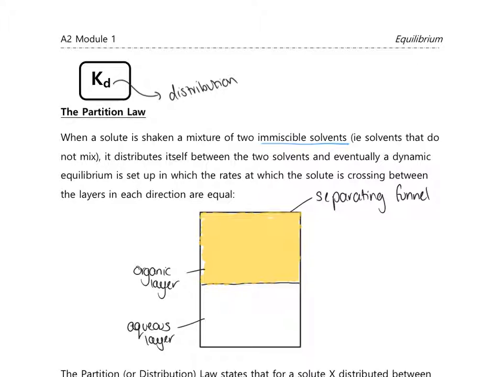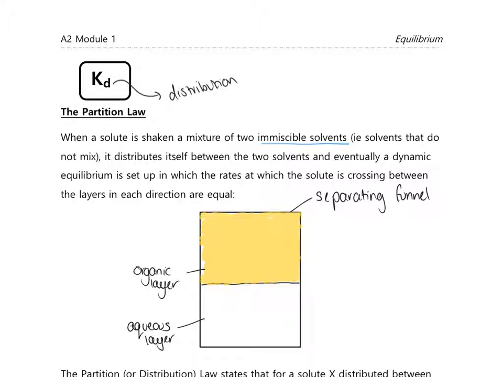Remember the term like dissolves like, so polar solutes will dissolve better in polar solvents, and organic substances tend to dissolve better in organic solvents, non-polar solvents dissolving non-polar solutes.